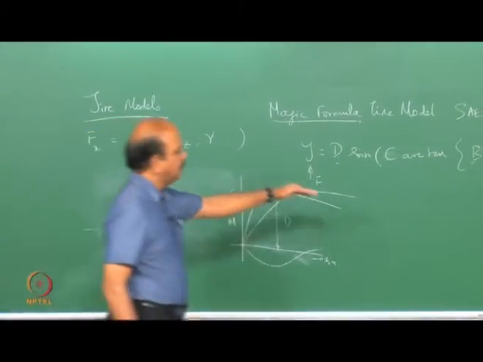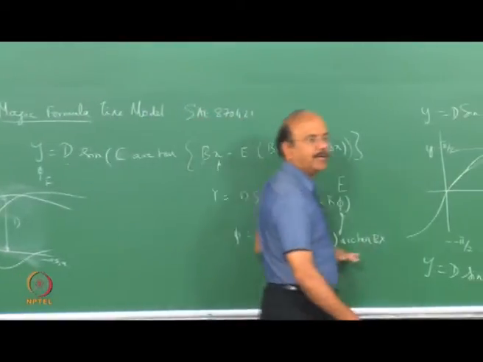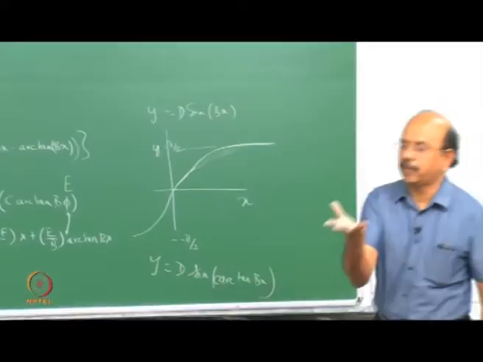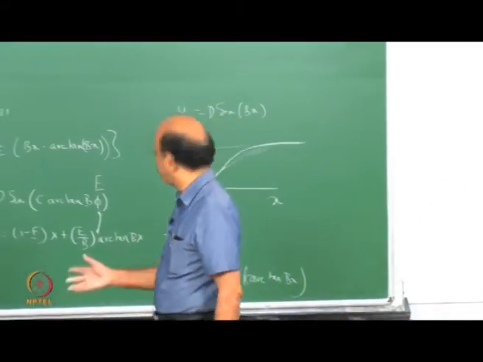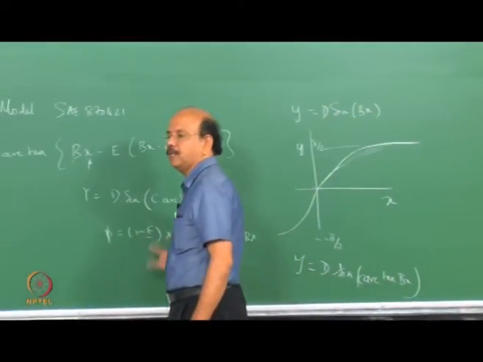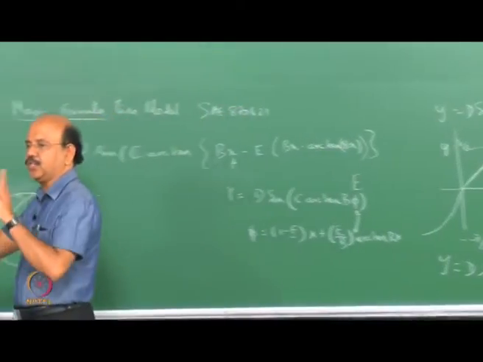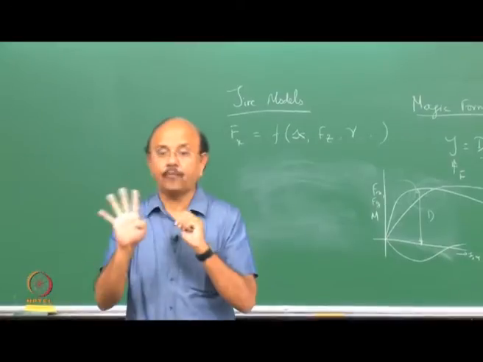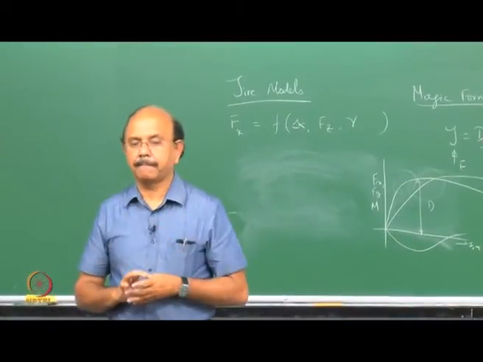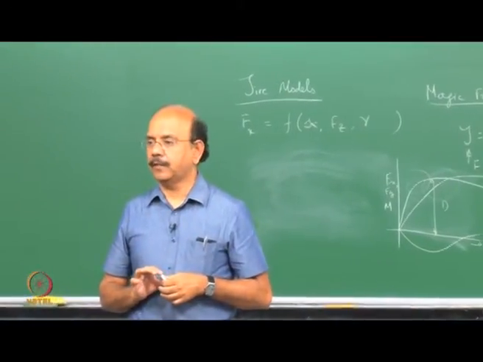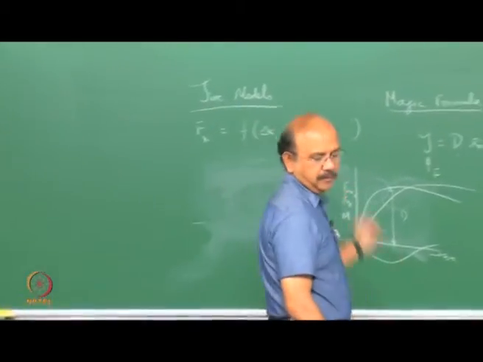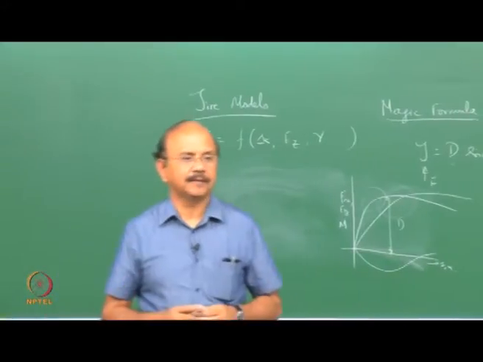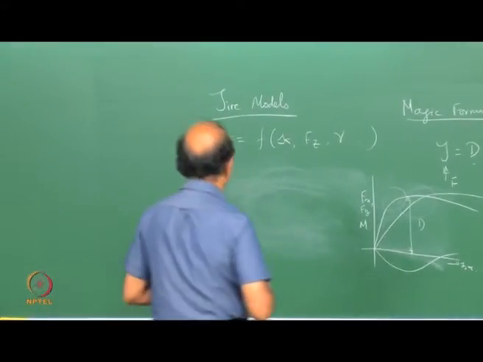So, in other words, what I do is to use the property of arctan, use the property of sine, and use the property of combination, and then get a shape which can be now adjusted. I have now 4 values which can be adjusted. Let me give some names to it. Let me call B as a stiffness factor. B as a stiffness factor.